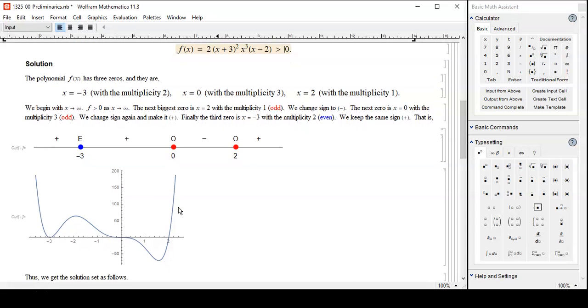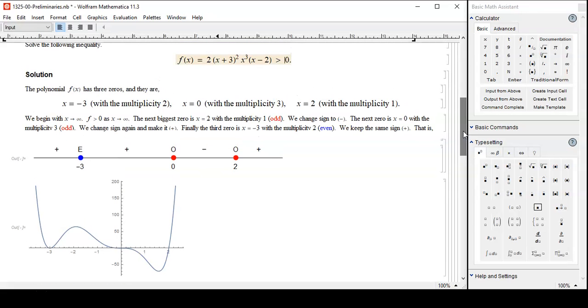And that's a theoretical explanation why we end up with even multiplicity plus remains plus after hitting and bouncing back. For odd multiplicity, we have graph crossing the axis and going to the other side. So basically, the local behavior is behaving like an even power function around here, an odd power function around here. That too is an odd power function.